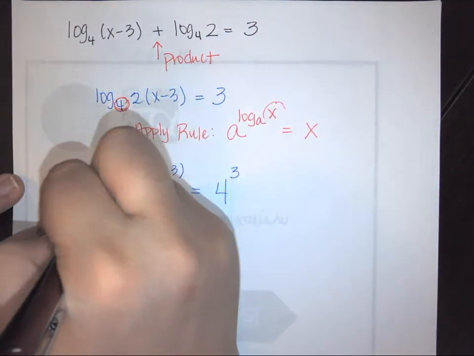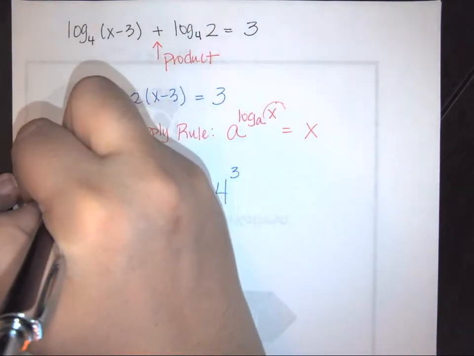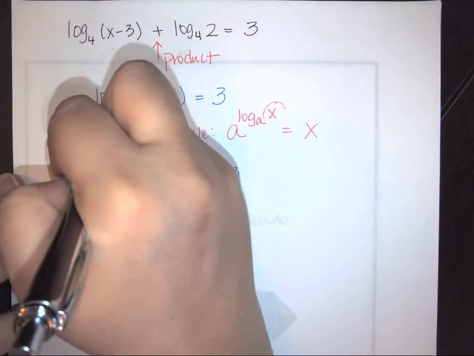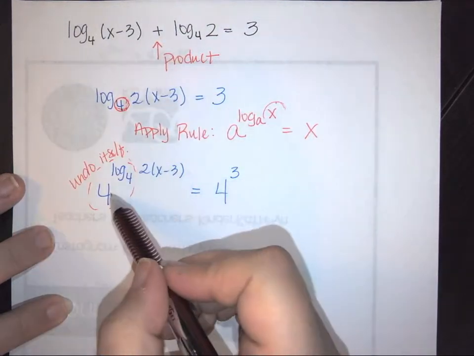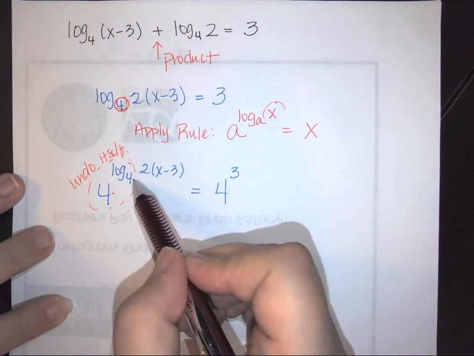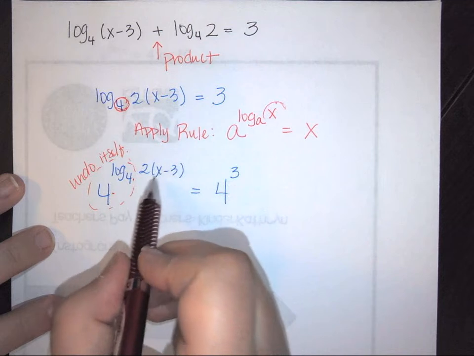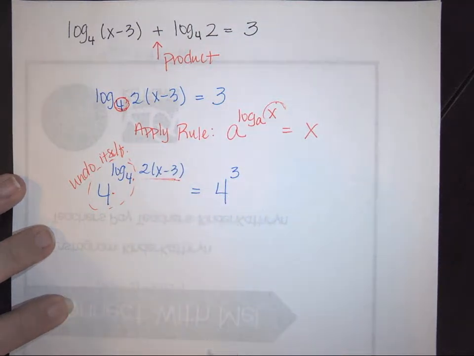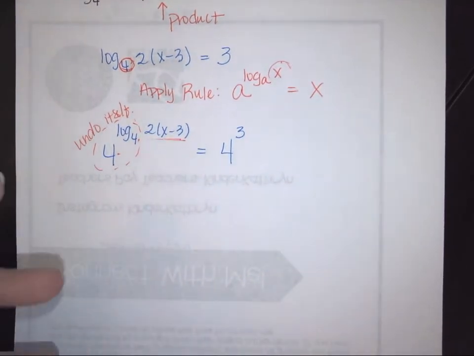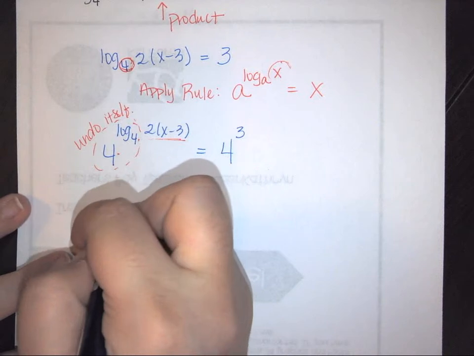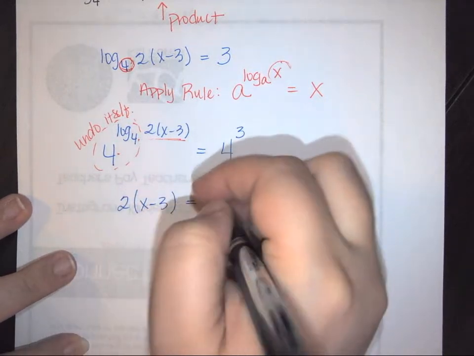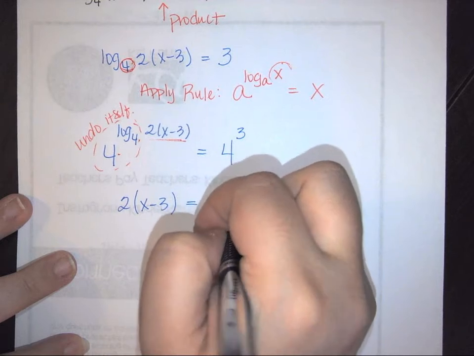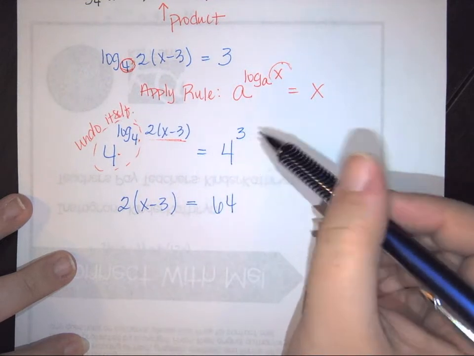Now this part right here is going to undo itself, purely because the base of my exponential and the base of my log are the same, and it's going to leave behind just what I was evaluating by. So this becomes 2 times x minus 3 is equal to 64, which is 4 cubed.